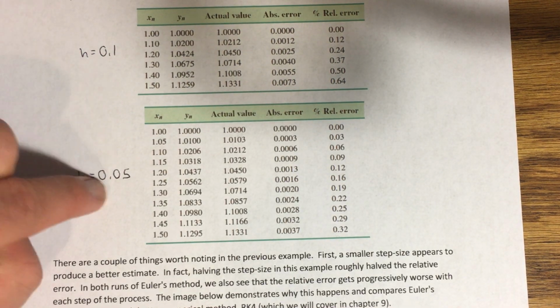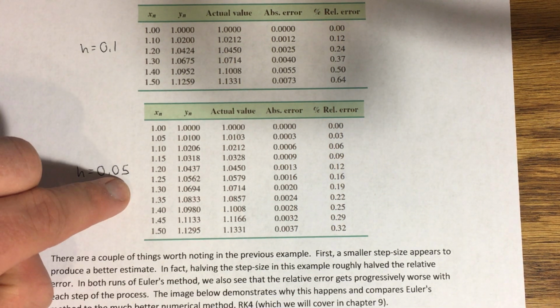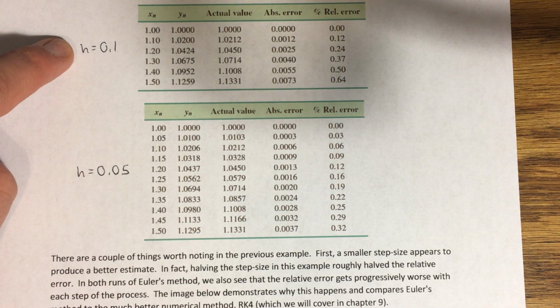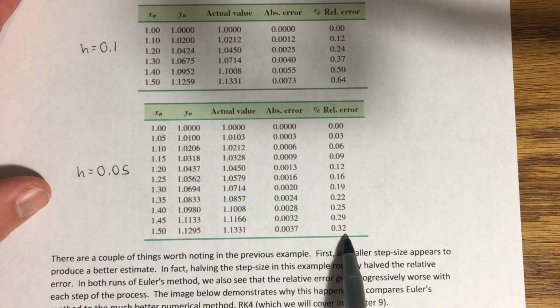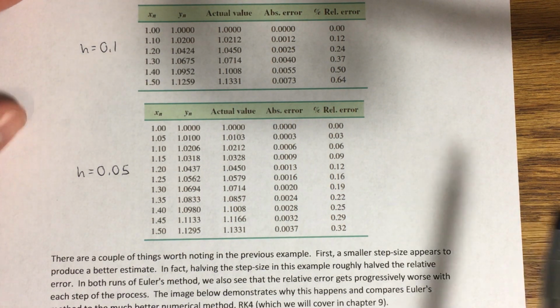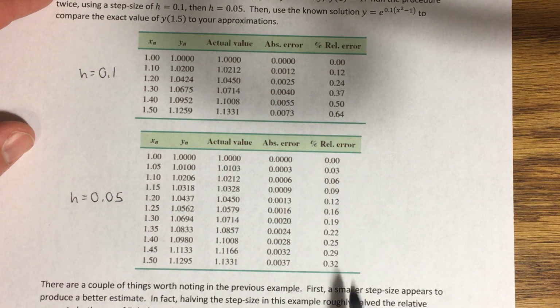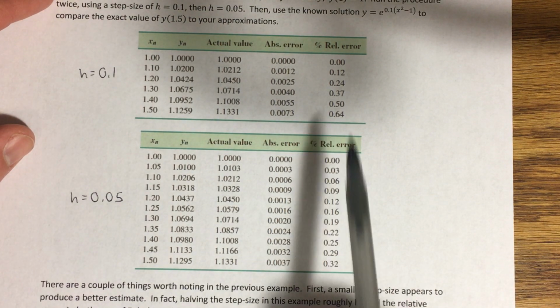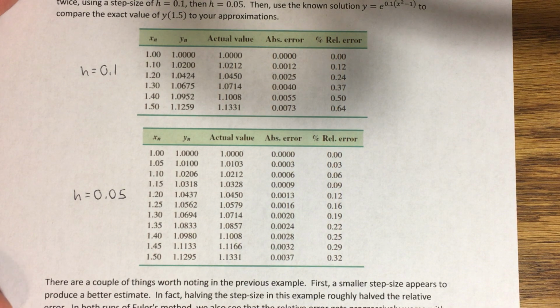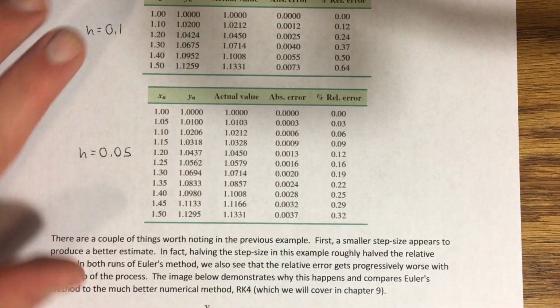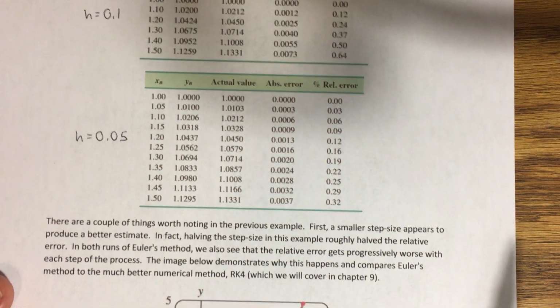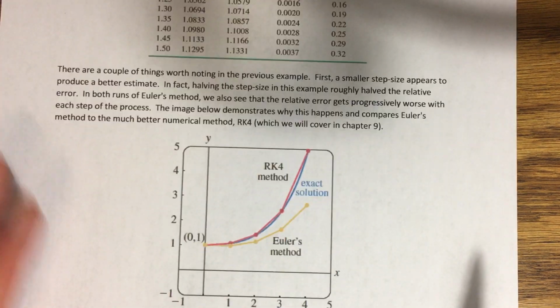Compared to here, I've halved the step size that I used up here. 0.05 is half of 0.1. Notice that my relative error is also roughly half, since these are rounded values, of the relative error I had up here. Now that doesn't mean that's going to happen every time, but there is a little bit more to that we're not going to get into. That's more like in a numerical analysis class where we talk about that.